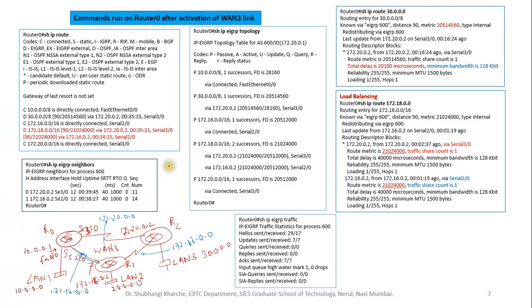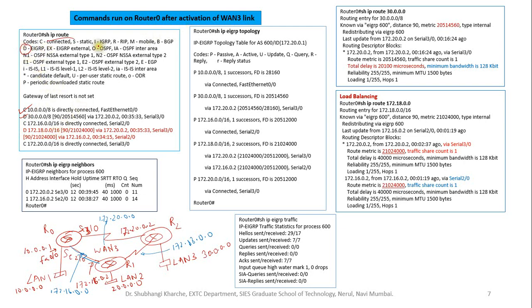Now, let me show you the responses of some of the commands run on the EIGRP routers. The show ip route command displays the routing table of the EIGRP router, wherein you can see the directly connected networks as well as the networks which are learned through EIGRP. Here D stands for EIGRP.